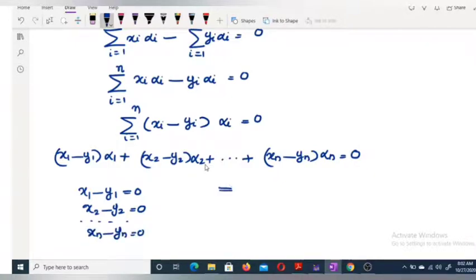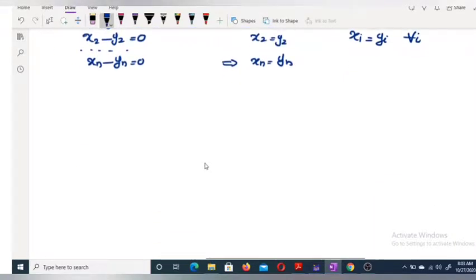This implies x1 equal to y1, x2 equal to y2, etc., xn is equal to yn. That means xi equal to yi for every i. This implies the representation of alpha is unique.